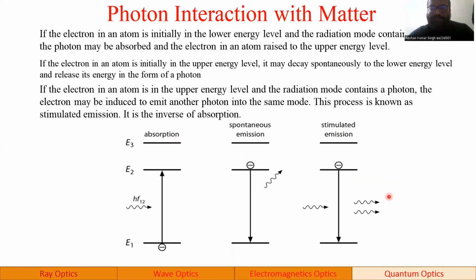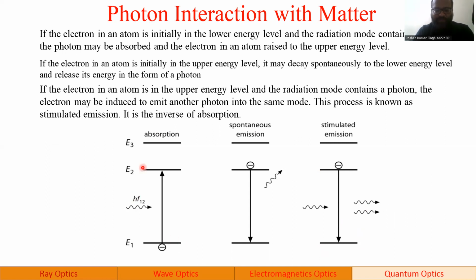Now, another important topic is how photons interact with matter. When a photon interacts with matter, there are two main types of interaction: absorption and emission. Some other effects like scattering also happen, but we don't focus on scattering. We just focus on absorption and emission.